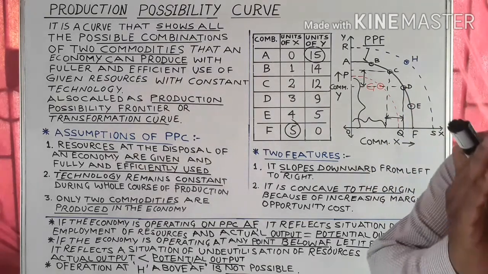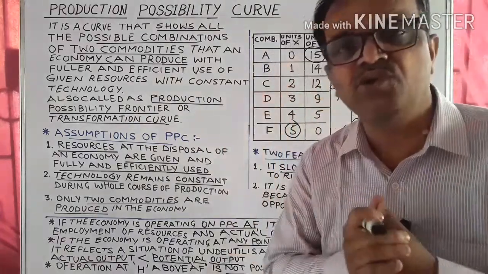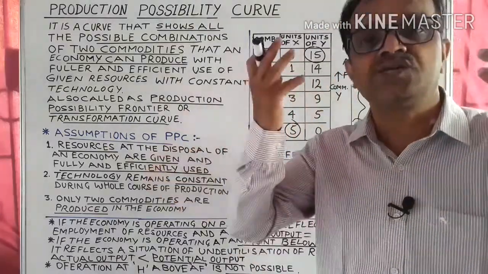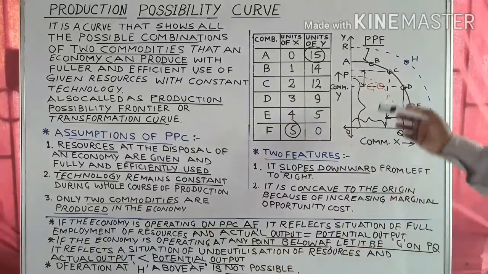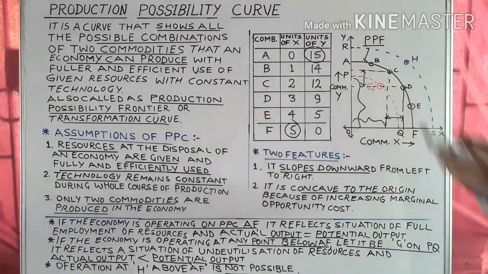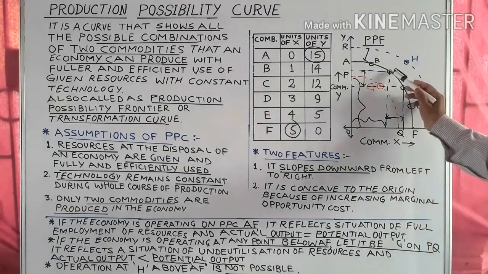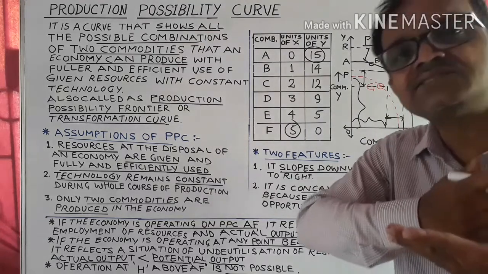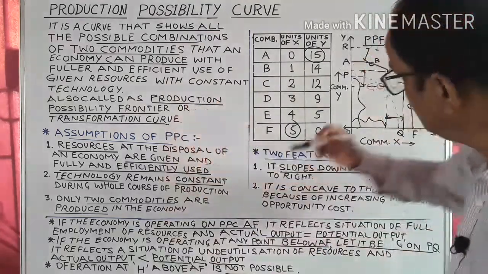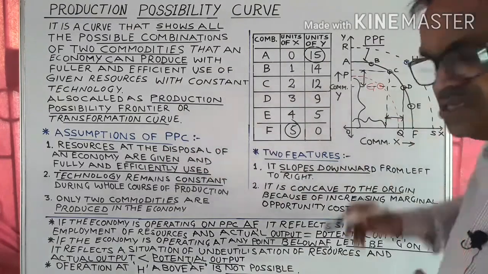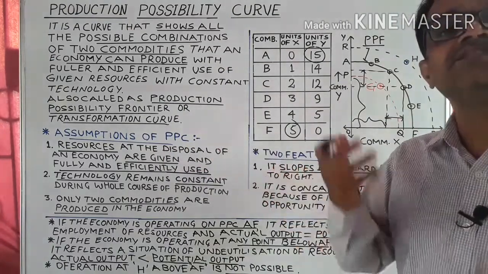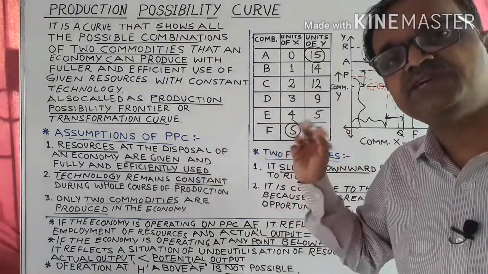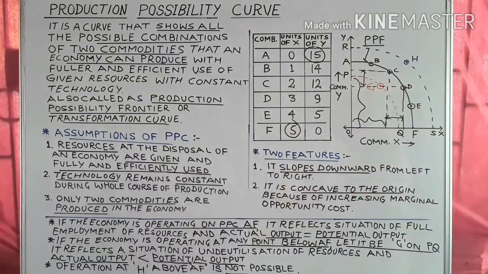The economy is at a level of less than full employment, so all the resources are not utilized. In that situation, actual output would be less than the potential output, and as employment goes on increasing, gradually it will shift towards this maximum productive capacity, that is AF, which is the PPF at the full employment level.